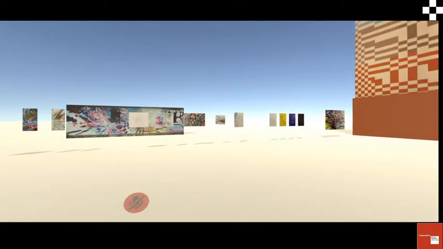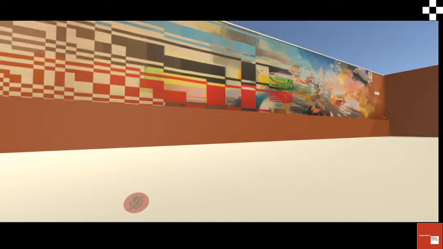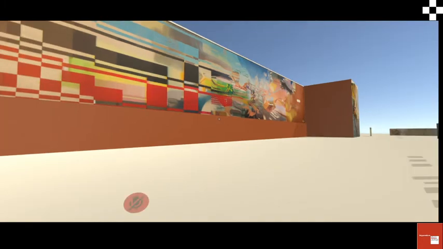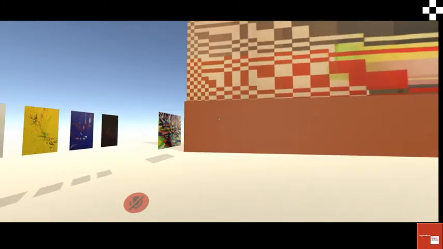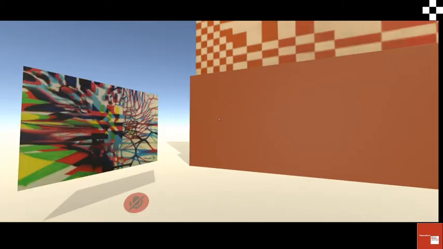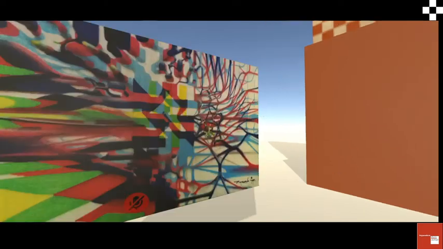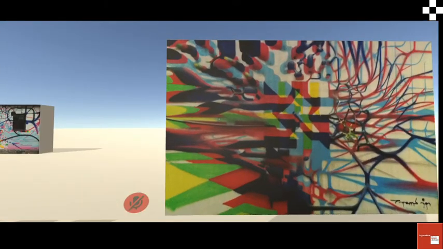So let's have a look here, because we are now in the beginning of 2014, and this is a really important painting from Full Moon in Warsaw.